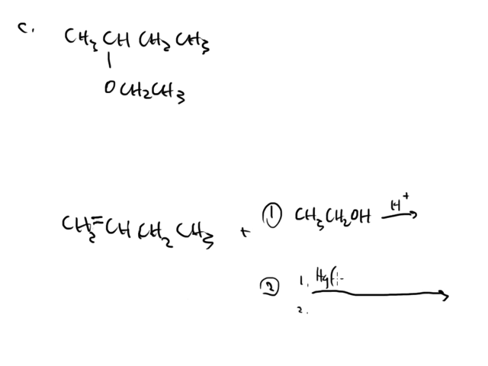Because I'm using an alcohol, this compound really changes on me a little bit: Hg(OCCF3)2. And then I bring in the alcohol that I want to use, and in this case it's ethanol, CH3CH2OH. That will give me the piece that I need. And then in the final round, it's sodium borohydride, NaBH4. All right, so there's the answer to number C.